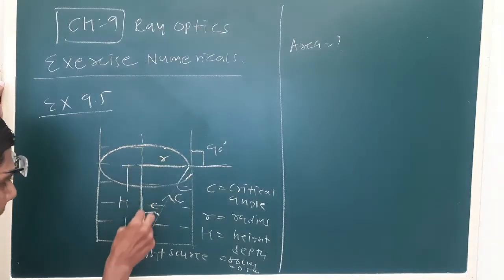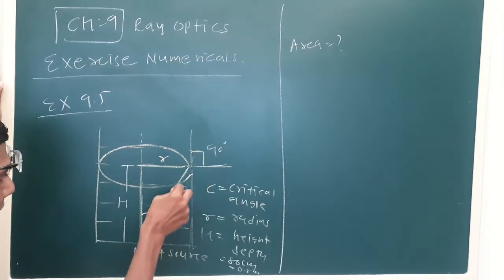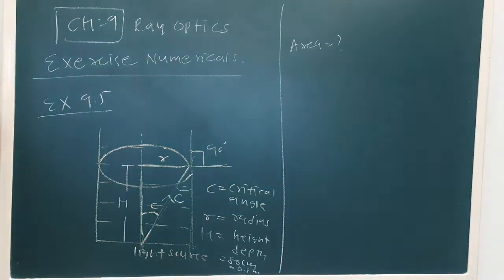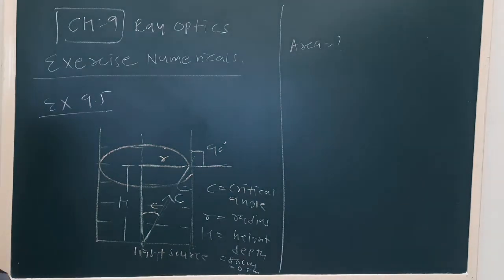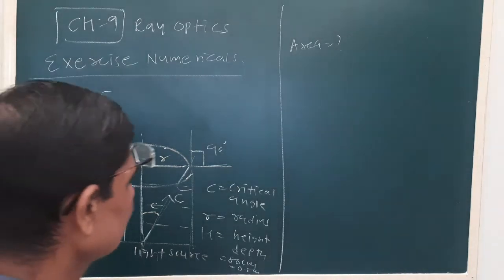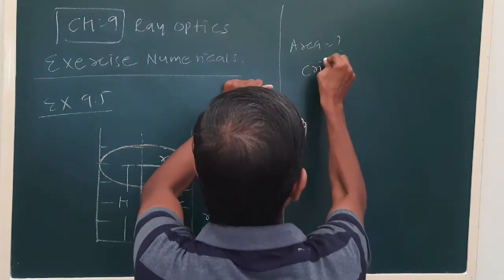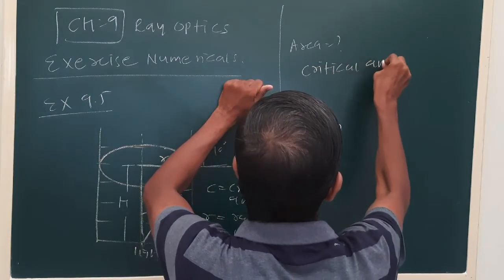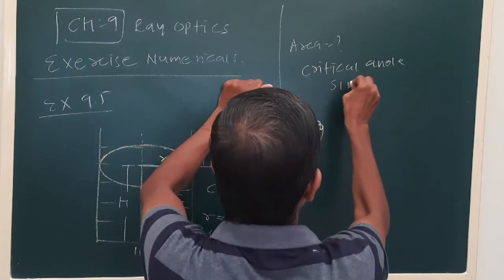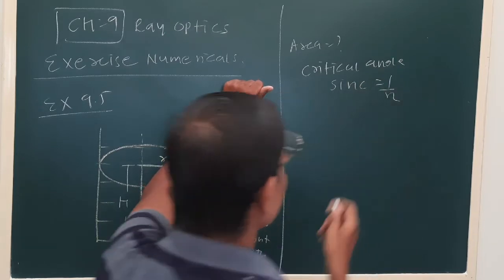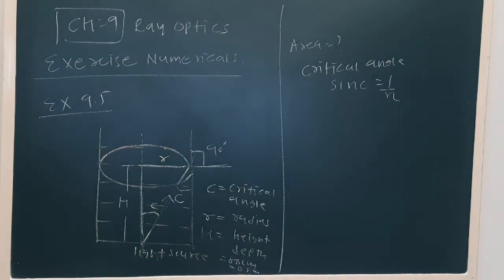Why? These two are parallel lines and this is a transversal, so these two will be alternate angles. Now we have to use the condition of total internal reflection. For critical angle, sin C is 1 upon n.